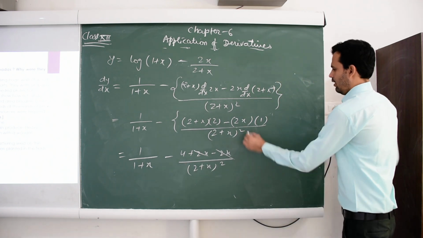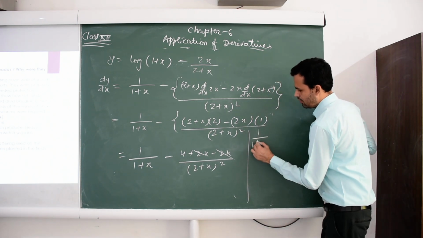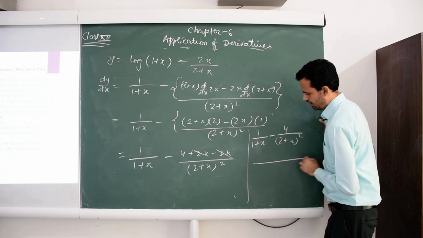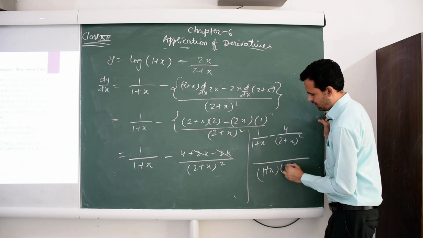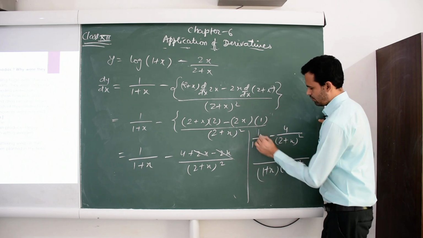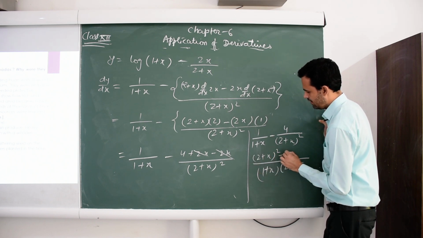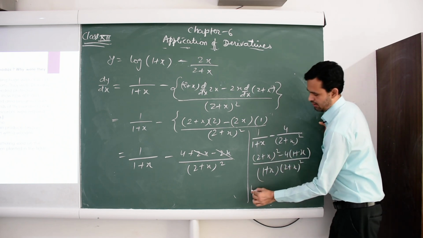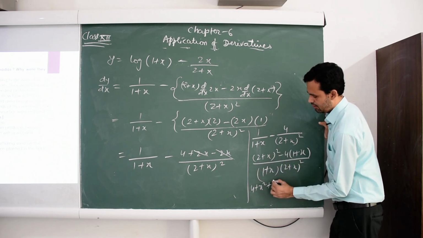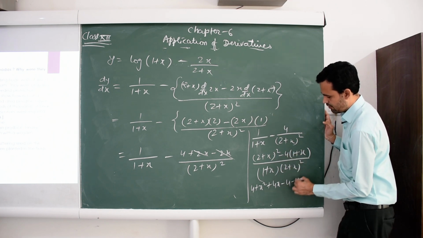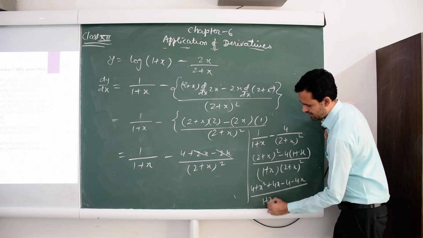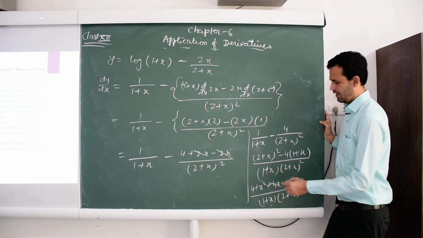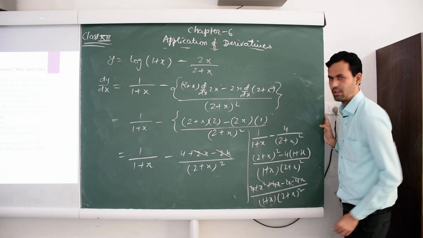2x cancel. So 1 upon 1 plus x minus 4 upon (2 plus x) whole square, taking LCM (1 plus x)(2 plus x) whole square. So (2 plus x) whole square minus 4 into (1 plus x). (a plus b) whole square is a square plus b square plus 2ab, it means 4 plus x square plus 4x minus 4 minus 4x upon (1 plus x) into (2 plus x) whole square. 4x cancel, and 4 also cancel.